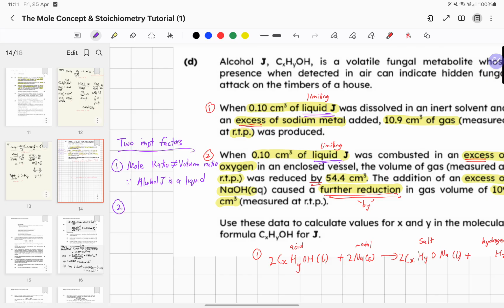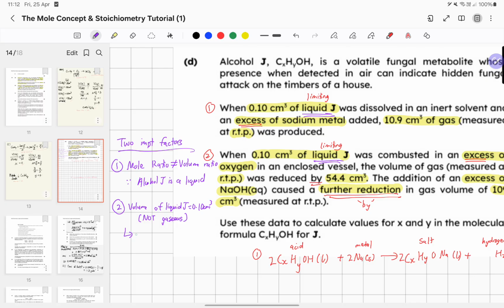The second problem is that they give you two different reactions over here, and notice that liquid J is presented as a volume. So we have the volume of liquid J, which is equal to 0.10 cm cubed, and this is not gaseous.